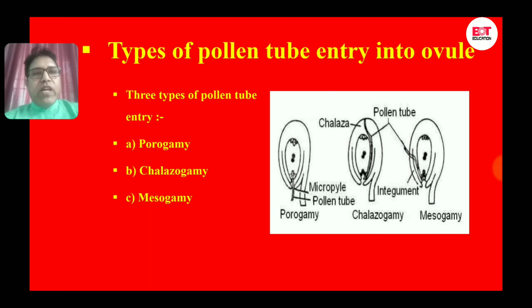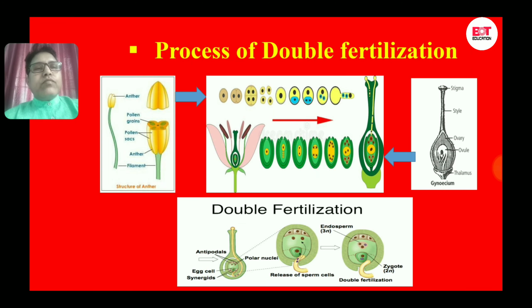So on this basis, there are three kinds of entry of the pollen tube into the ovule. Now how does the process of double fertilization take place?